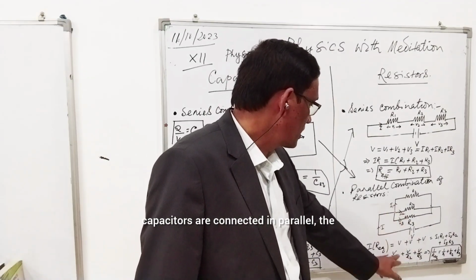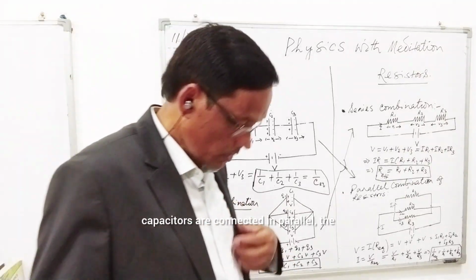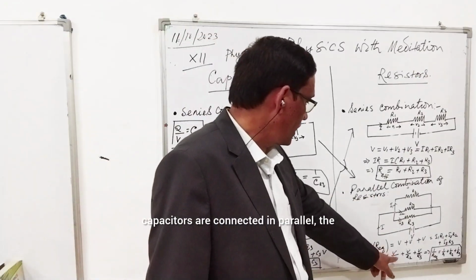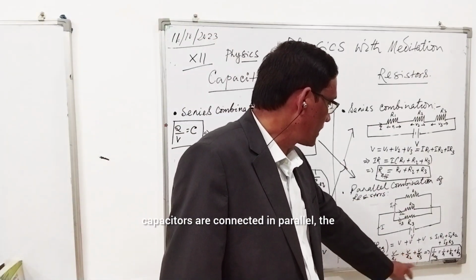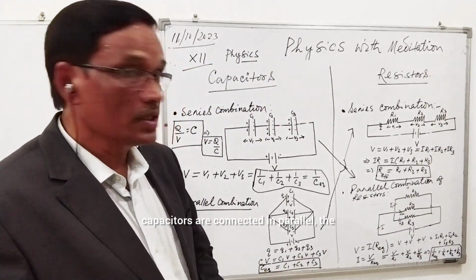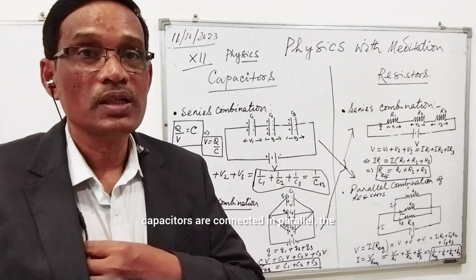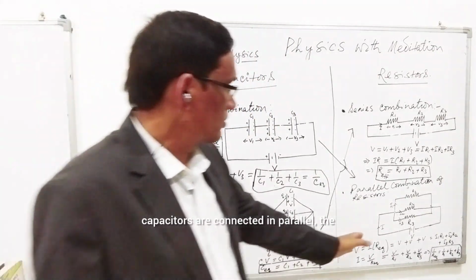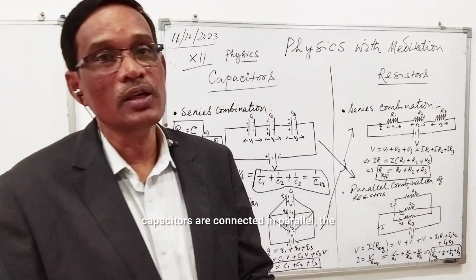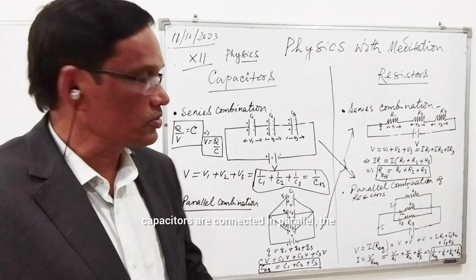So what is I1? You can see as V is same here, you will be getting V upon R1, V upon R2 and V upon R3 will be your I1, I2 and I3.